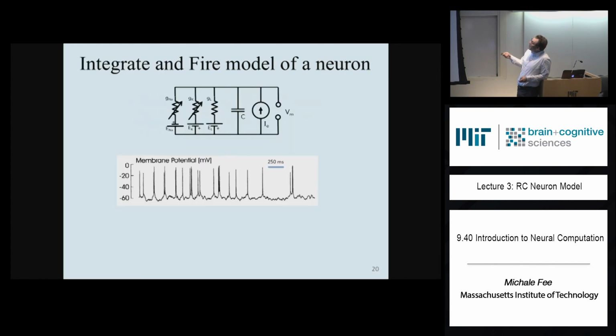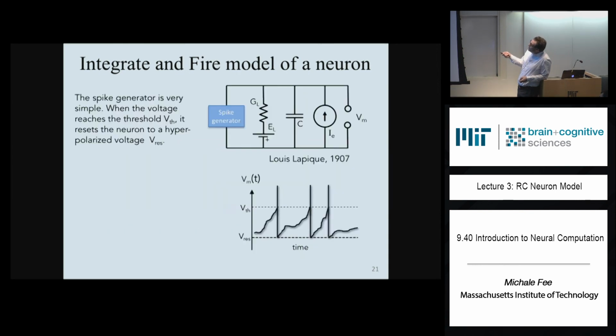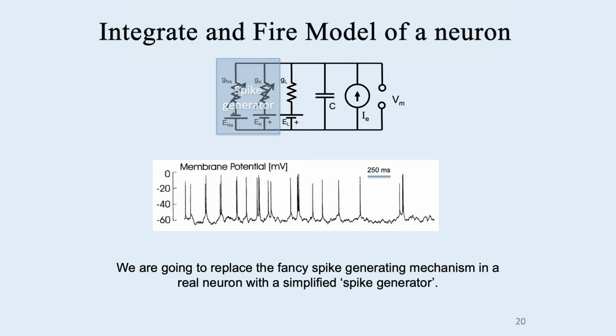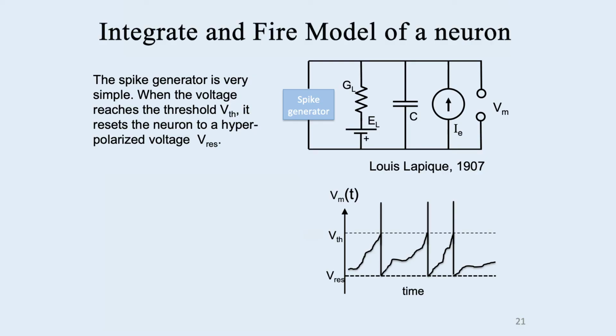And that's captured in this model called the integrate and fire neuron. What we're going to do is take our Hodgkin-Huxley model and replace these sodium and potassium conductances that actually generate the spike with a very simplified model of a spike generator. And it's going to look like this.